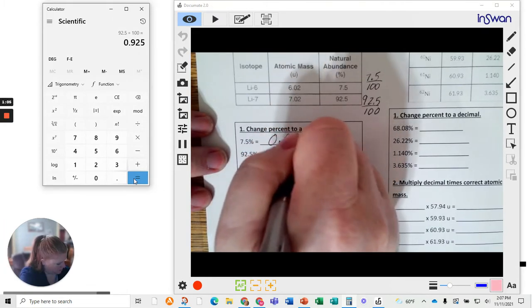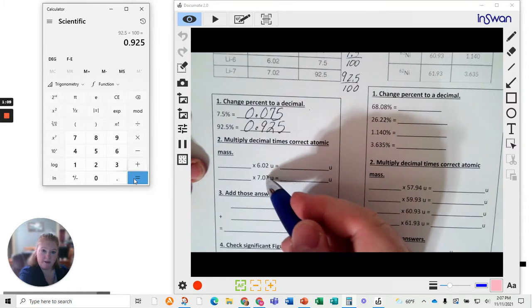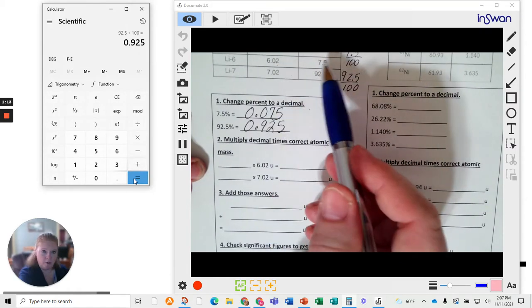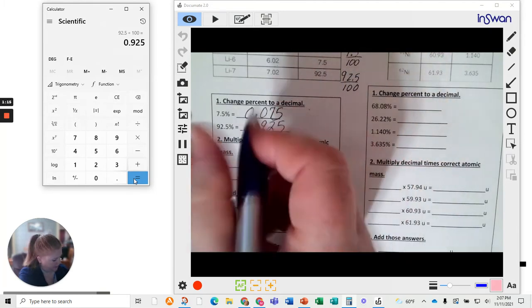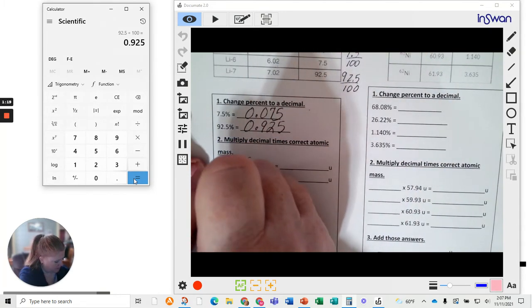0.925. Okay, so now I'm going to take and multiply by the correct atomic mass. I got to check the table. 6.02 was matched up with the 7.5. So 0.075 and 0.925.